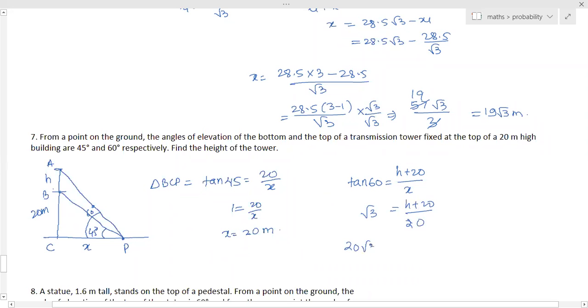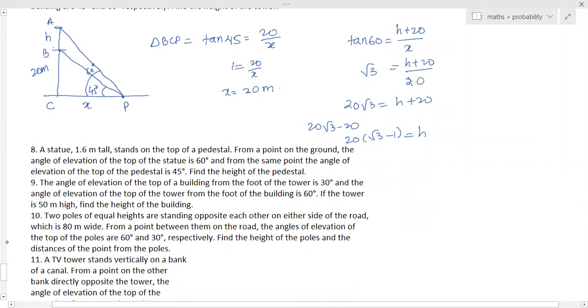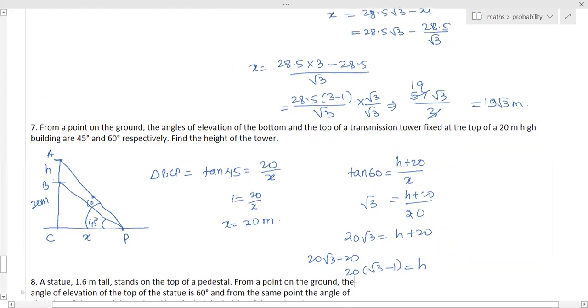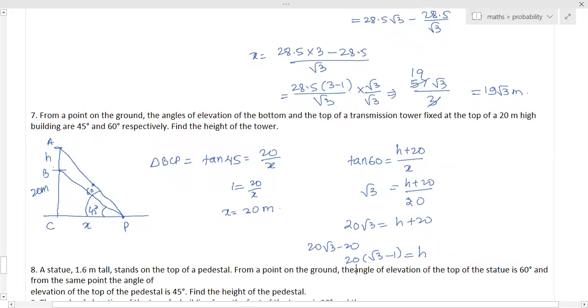So 20 root 3 is equal to H plus 20. 20 root 3 minus 20, that is 20 into root 3 minus 1 is equal to H. So 20 into 0.732. Yes, ma'am, that's the thing which we get 14.64.